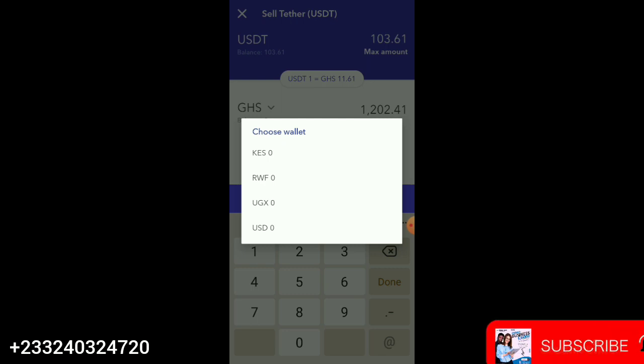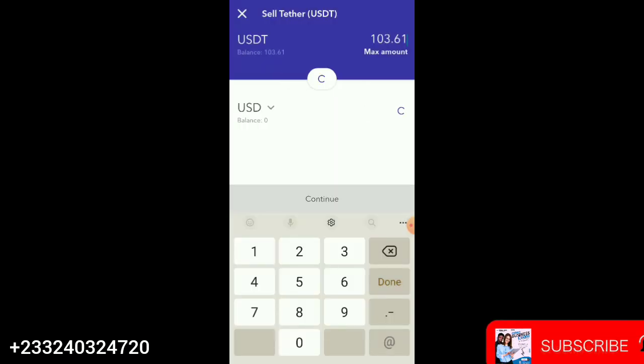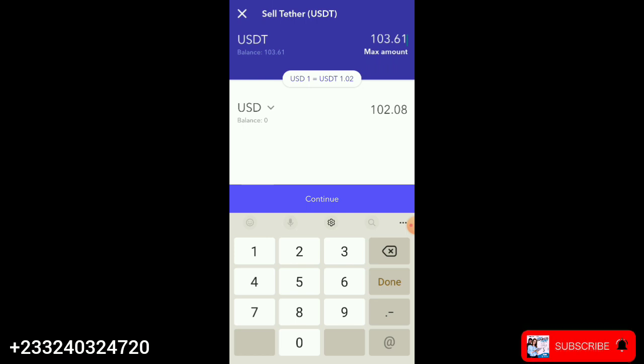The difference is only 0.02. So I advise you to sell it to your USD.